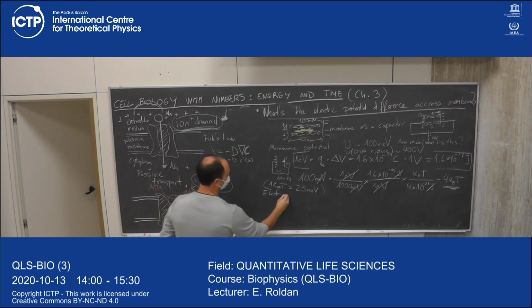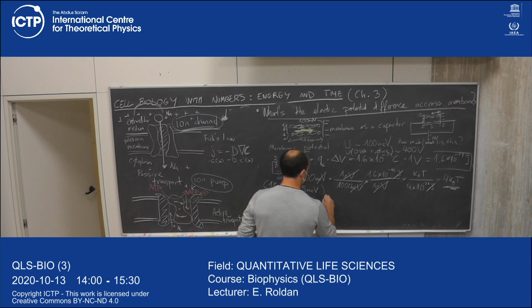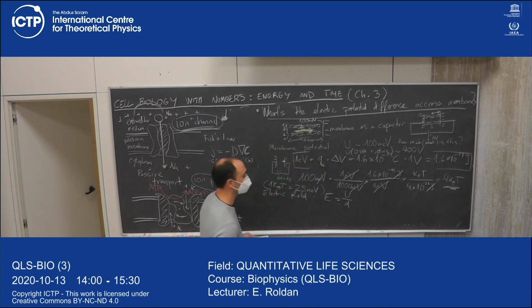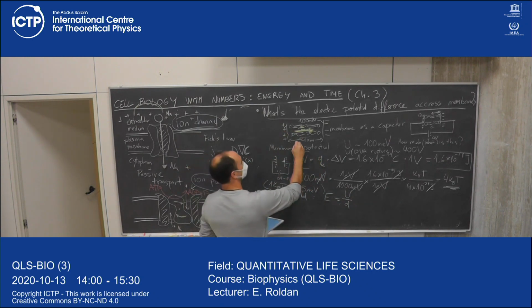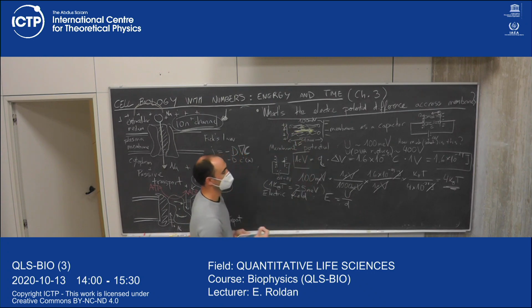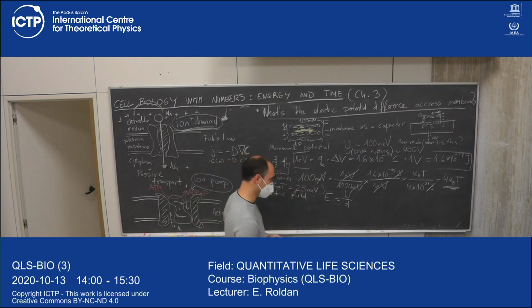The intensity of the electric field is just U divided by d. So the electrostatic energy in this capacitor divided by the thickness. This is a plane capacitor. It's very, very simple, a big simplification.